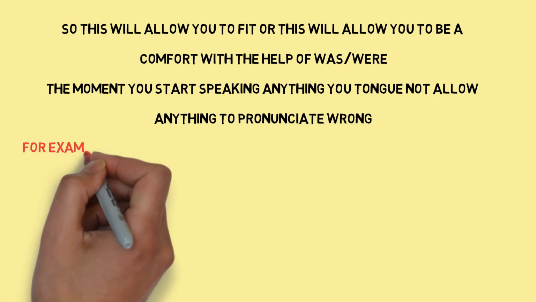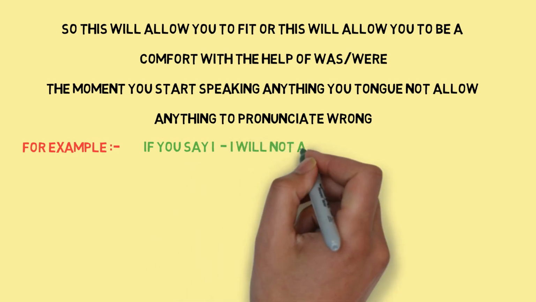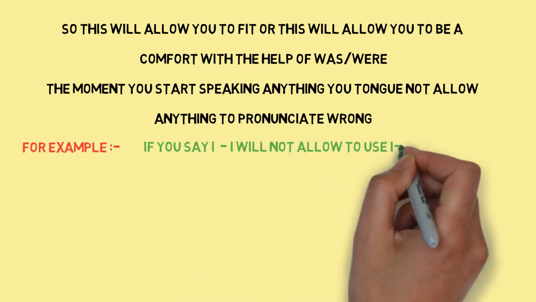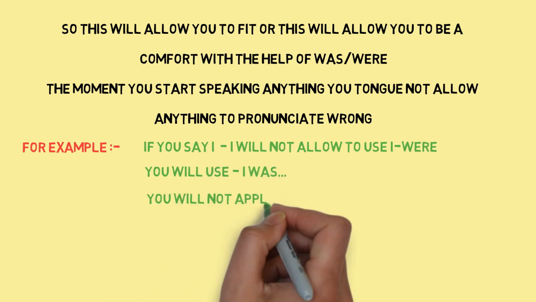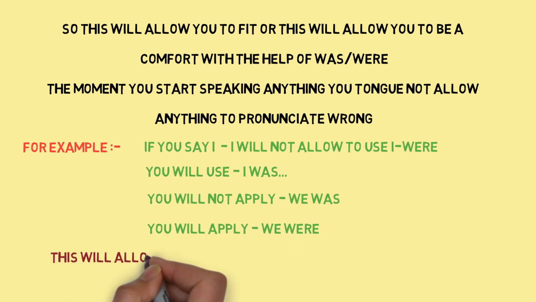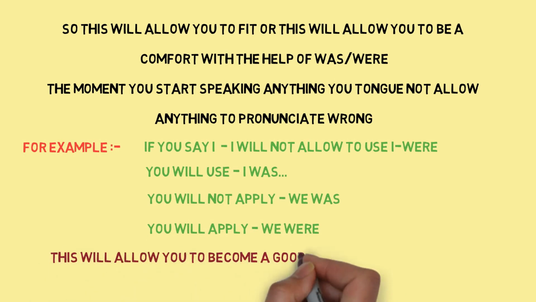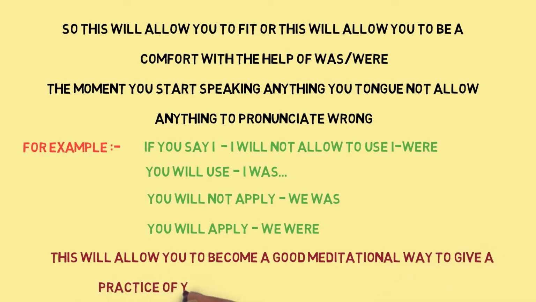For example, I will not allow you to say I were, you will use I was. You will not say we was, you will say we were. So this will allow you to become a good meditational way to give practice to your tongue with the help of was, were.